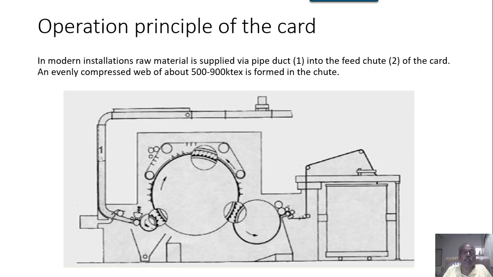Operation principle of the carding machine. Now, here we can see in modern installations, raw material is supplied via a duct, a chute feed system. So we are feeding from the backside to the carding machine. Here we can see the duct which is supplying this.